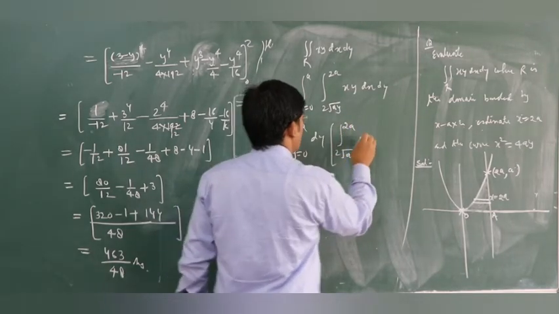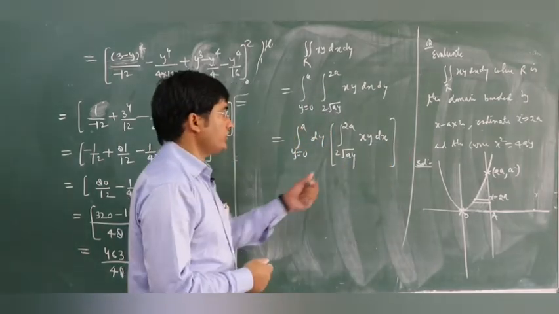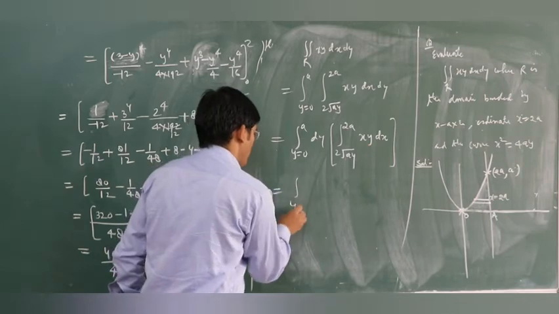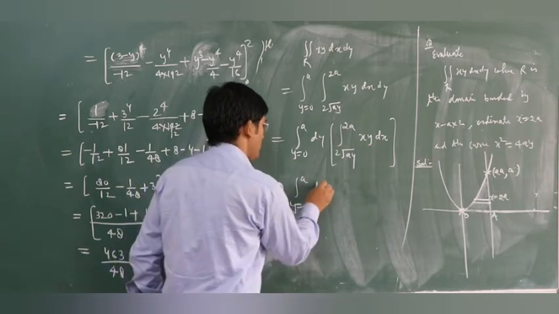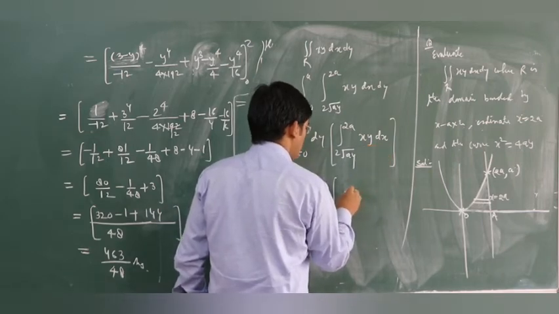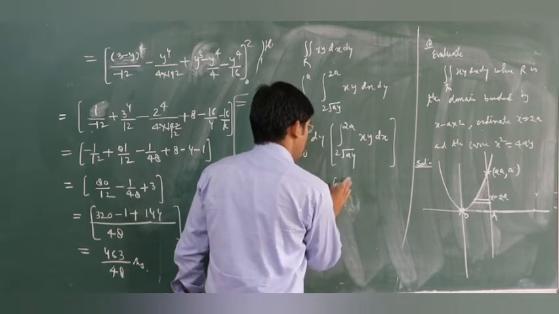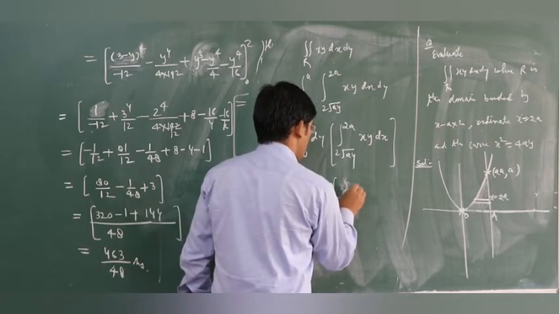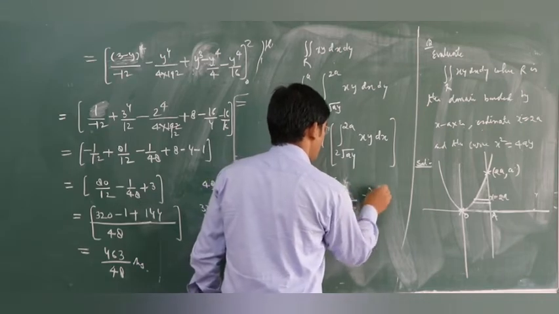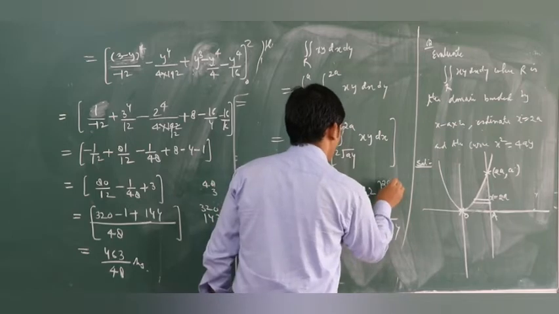Integration of this bracket with respect to x. As we are going to integrate with respect to x, our y will be constant. So this is equal to y from 0 to a dy, and the integration of x will be x square by 2. So we have y upon 2 into x square, and then the limits will be from 2 root ay to 2a.